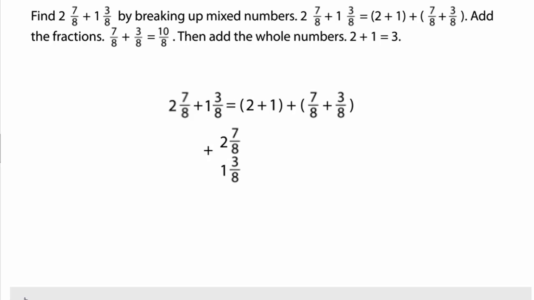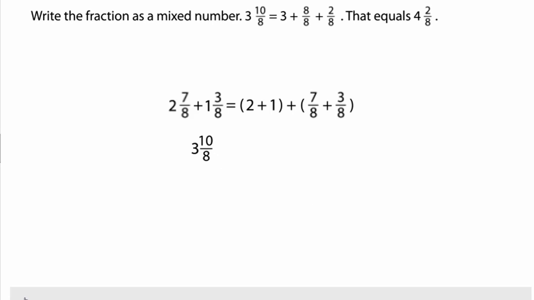Find 2 and 7/8 plus 1 and 3/8 by breaking up mixed numbers. 2 and 7/8 plus 1 and 3/8 equals the sum of 2 plus 1 plus the sum of 7/8 plus 3/8. Add the fractions. 7/8 plus 3/8 equals 10/8. Then add the whole numbers. 2 plus 1 equals 3. Write the fraction as a mixed number. 3 and 10/8 equals 3 plus 8/8 plus 2/8.